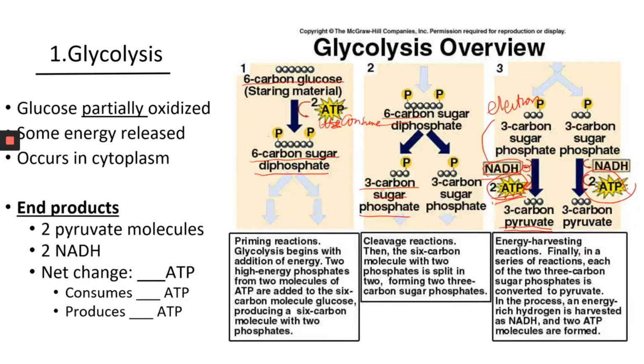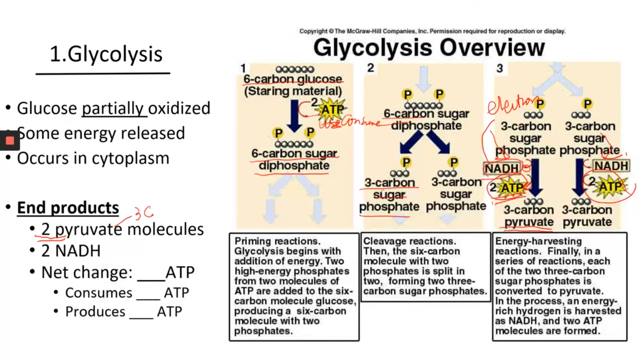All right, now let's look at end or net change. So for 1 glucose, you produce 2 pyruvate, because again, pyruvate has 3 carbons, and glucose has 6 carbons. So it has to be 2 pyruvate molecules. And then you have 2 NADH, which I pointed out before. And then the net change for ATP.